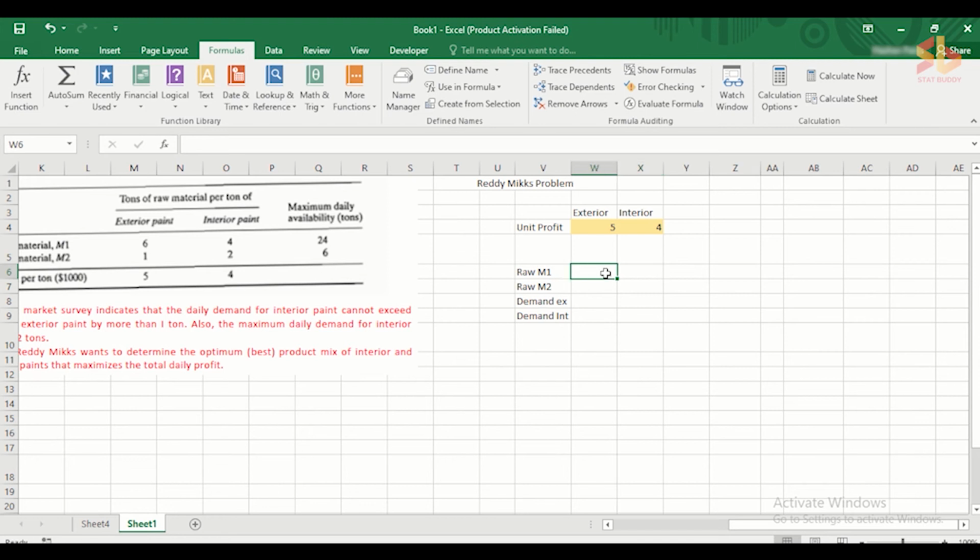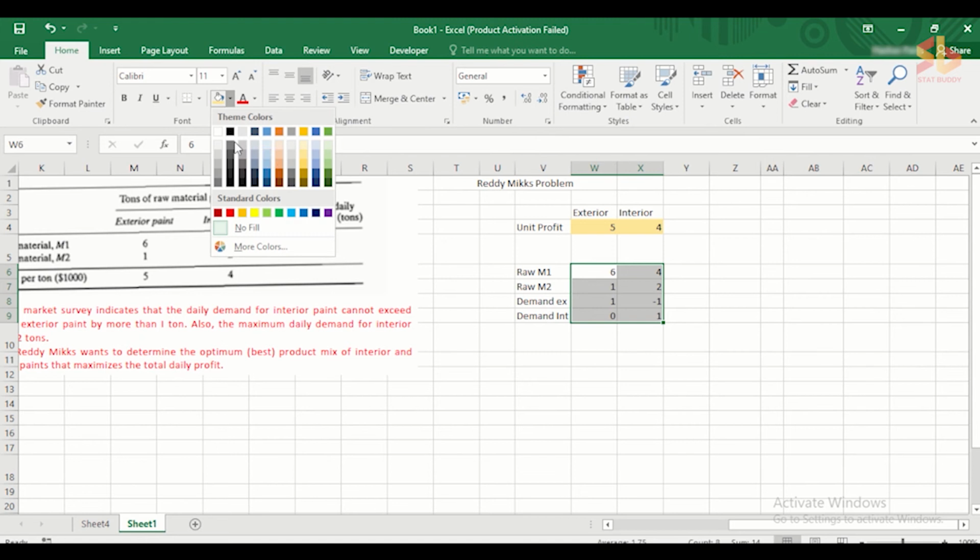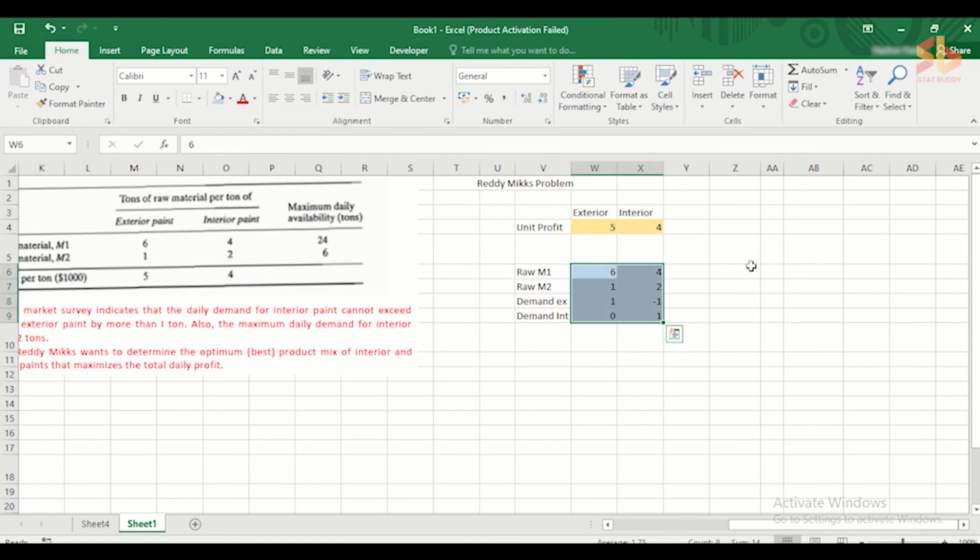For raw material M1 it is 6 4, for M2 it is 1 2. For demand exceed, which means the difference between the interior and exterior, it is exterior minus interior, and for demand for interior, interior is only here. I'm highlighting it using another color for my convenience.